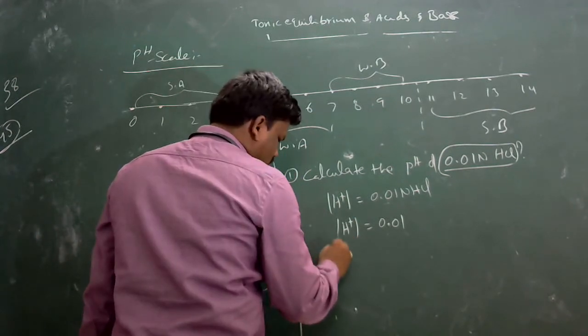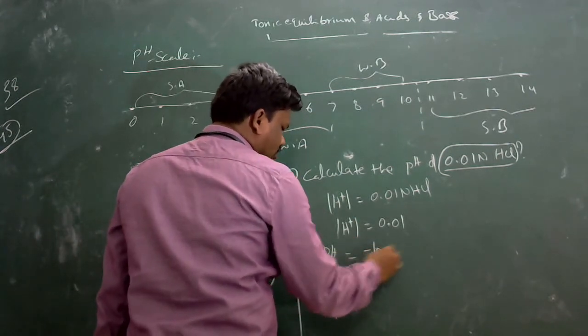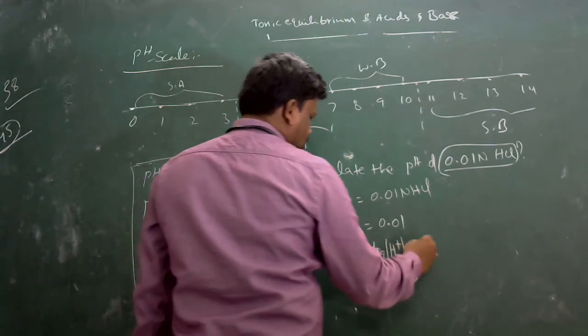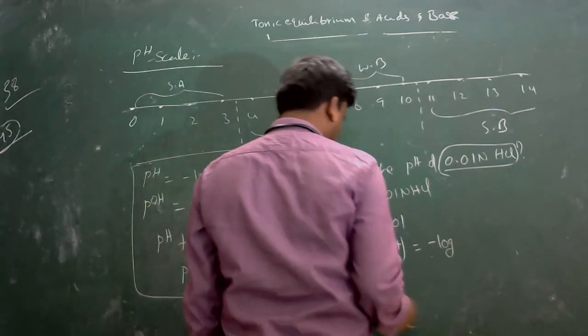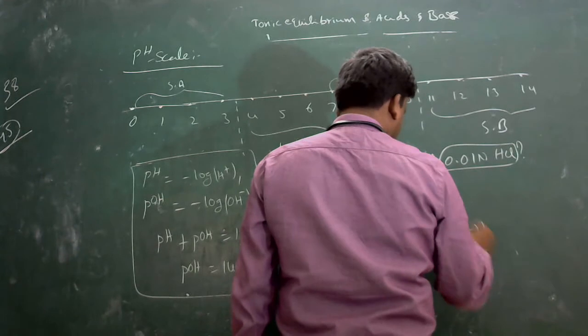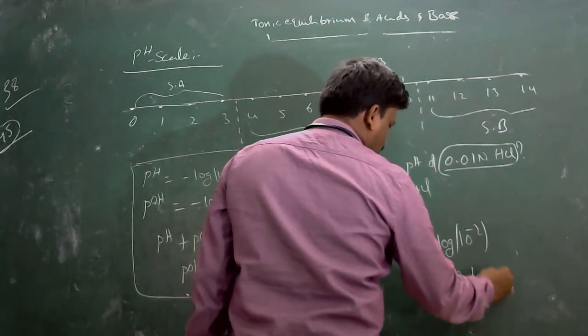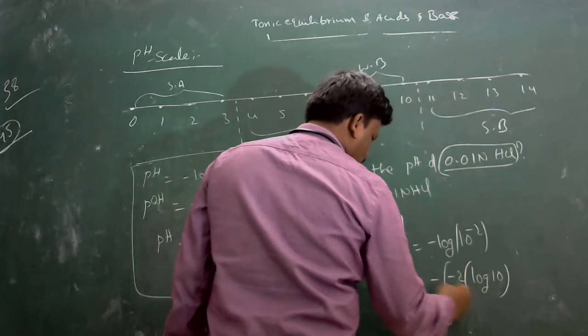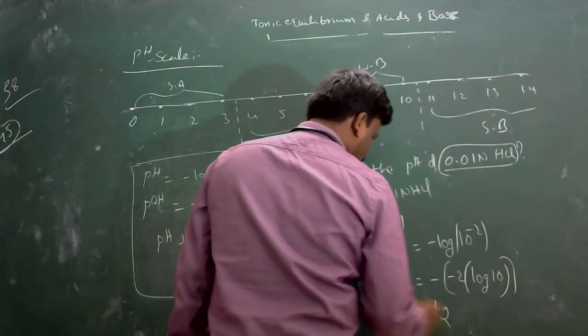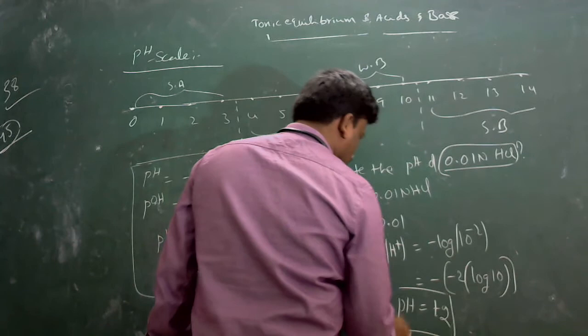Then pH is equal to minus log H plus, that means minus log of 10 power minus 2, that means minus 2 log 10, that is plus 2. Then pH is equal to 2.